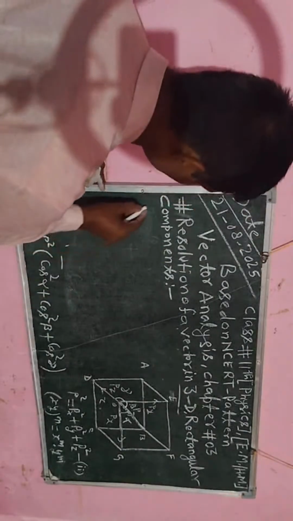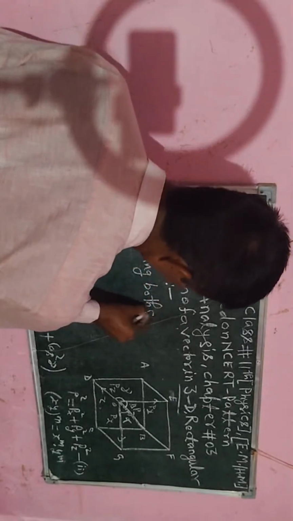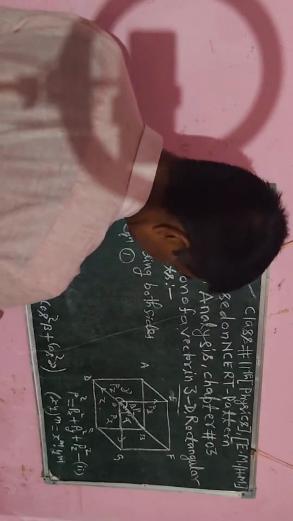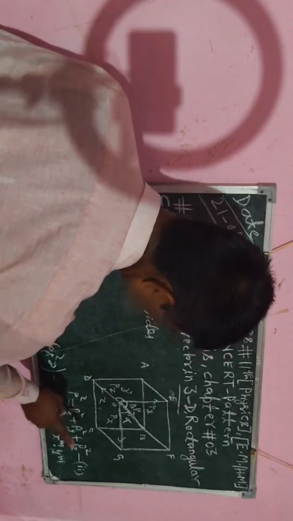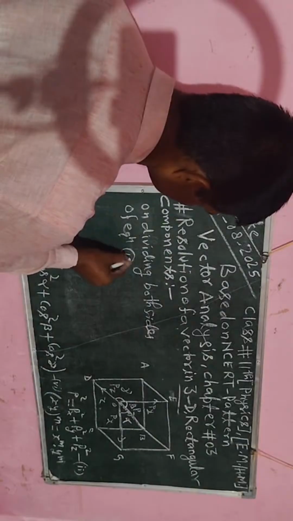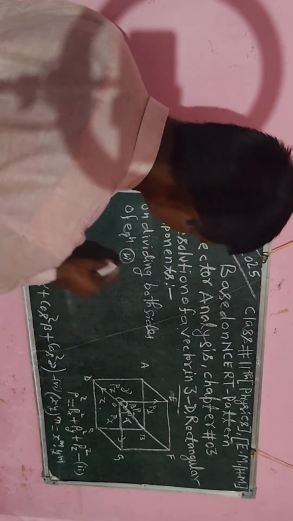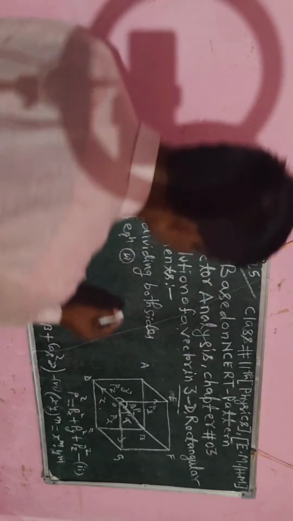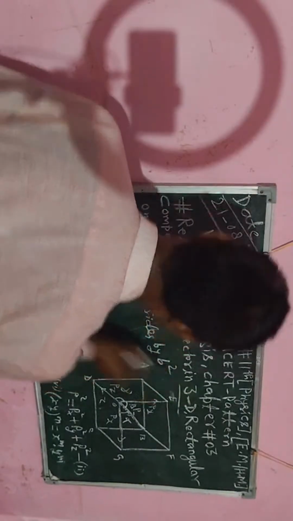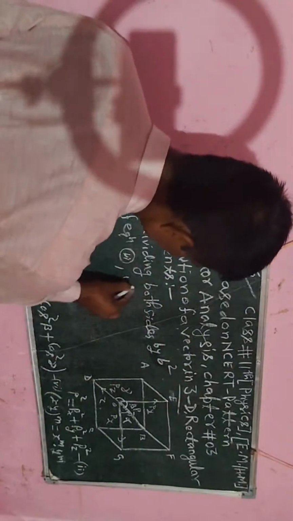That statement will be: on dividing both sides of equation number 6 by P square, we get. This is equation number 6.